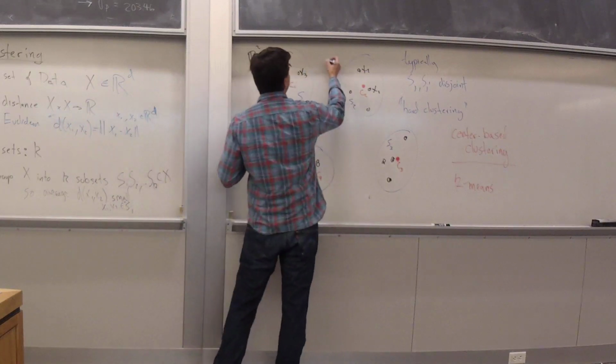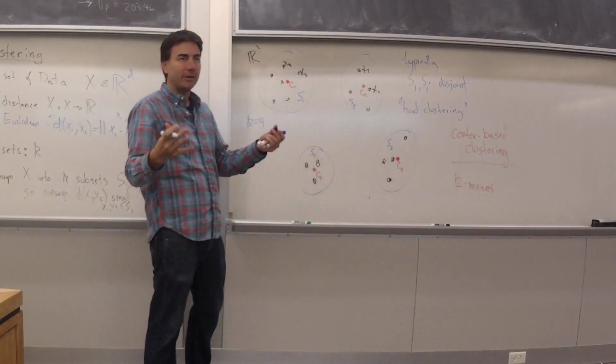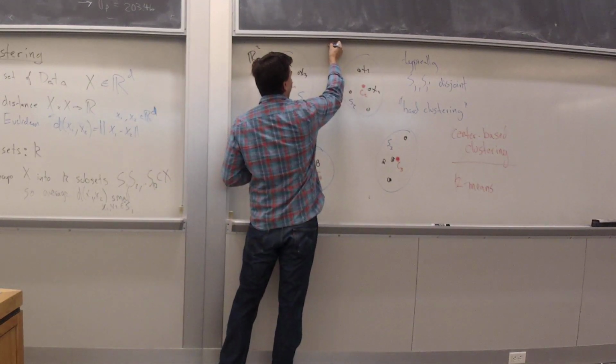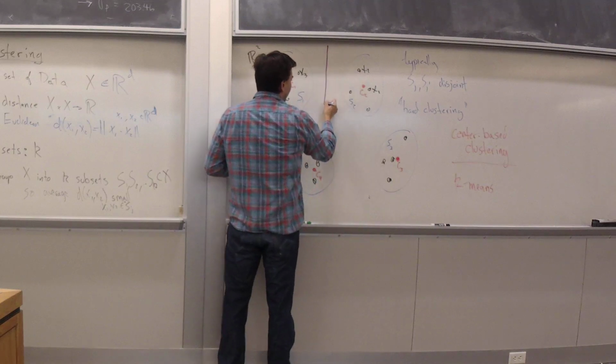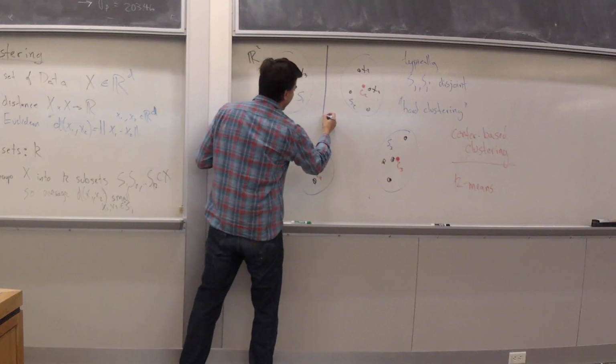Okay, so let me try to draw this picture, and then we'll mathematically define it, and this will provide us the foundation for understanding the k-means and k-center-based clustering algorithms, and also how Lloyd's algorithm works.